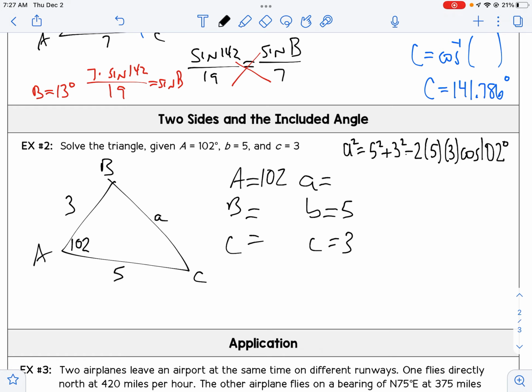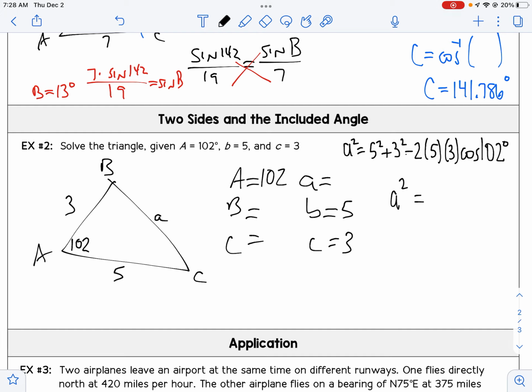Now, the nice thing about that formula is I can literally type the entire thing at one time. So I would have 5 squared plus 3 squared minus 2 times 5 times 3 times cosine of 102.